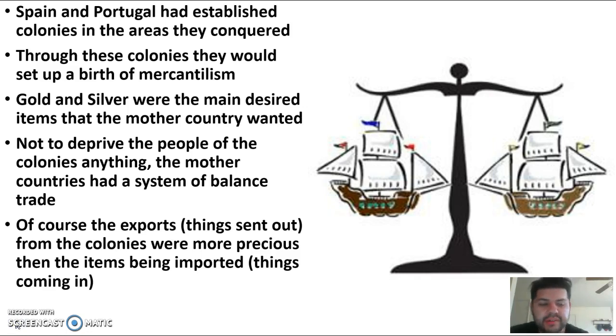Okay, so here's the thing. The Spanish with Columbus, they did sail to the New World. Columbus, knowing from the last video we talked about that the Earth was round. Now, the thing is, he didn't know how big the world was.